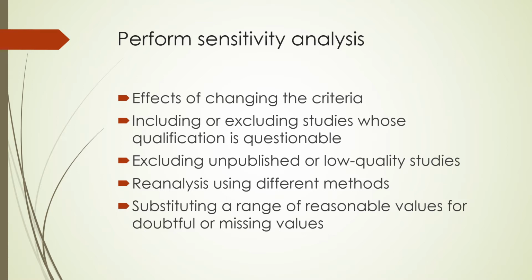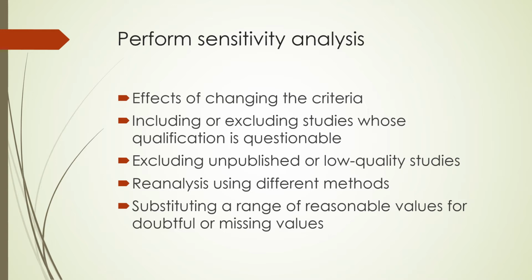Again, you have to be very careful. You have to be very explicit about how and why you do this, but it could provide a more robust analysis in some situations. And again, if you include or exclude studies and find really consistent effect sizes either way, that gives you real confidence that what you're seeing is real.